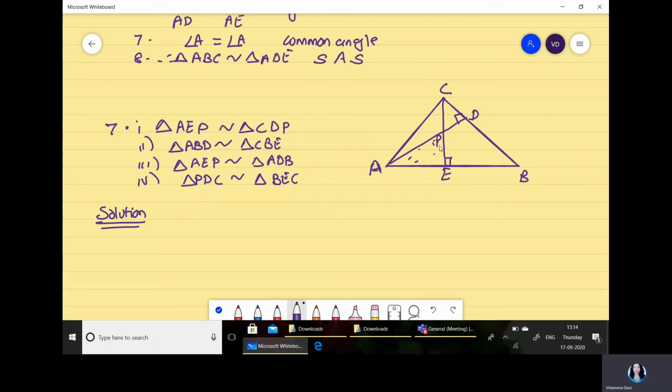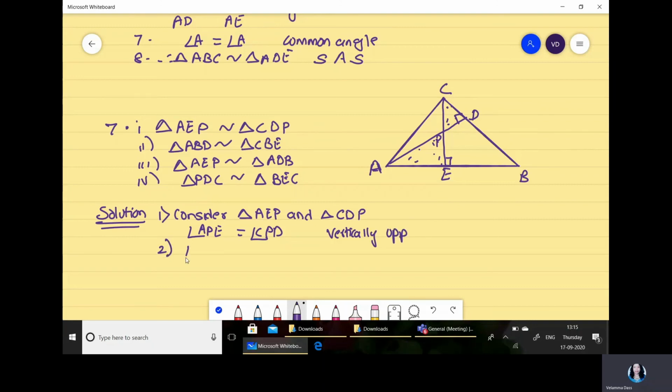When you see this diagram, triangle AEP and triangle CDP, E and D are 90 degrees. And you can find that angles APE and CPD are vertically opposite angles. So we consider triangle AEP and triangle CDP. We can say angle APE equals angle CPD, they are vertically opposite angles.